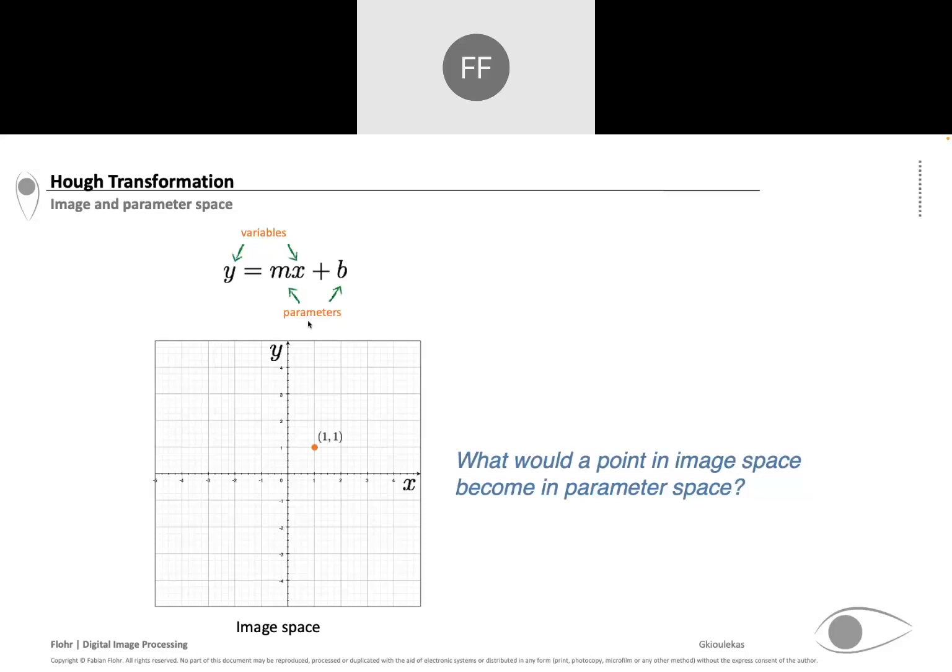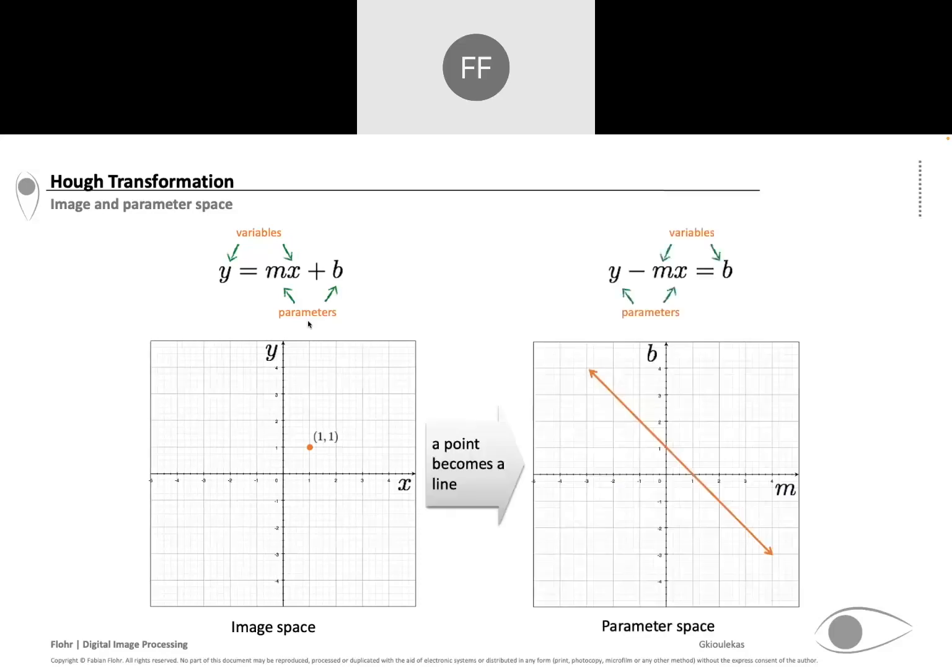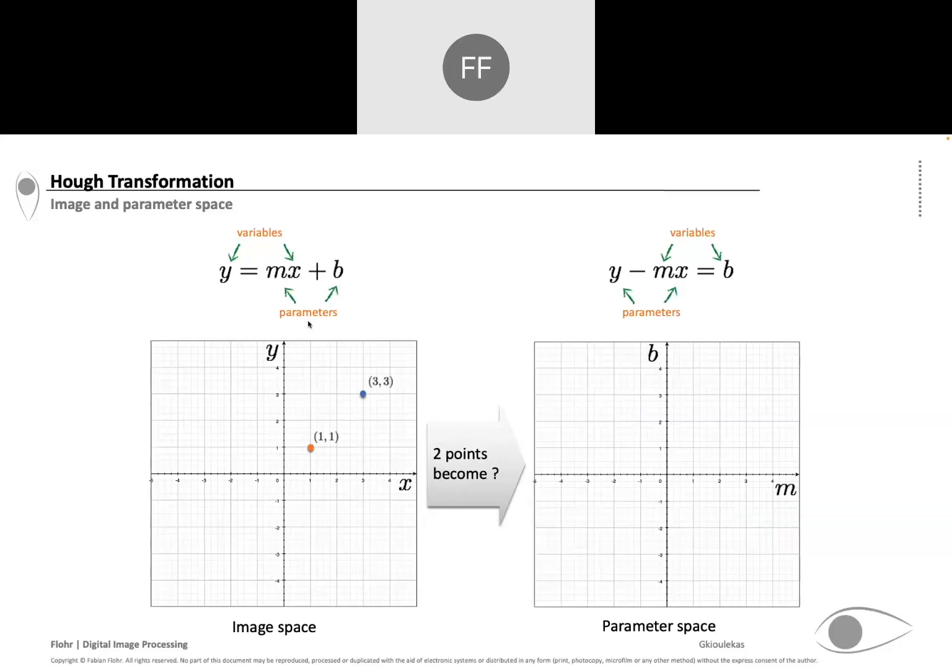What does it mean in the image space then? Exactly. This line in the parameter space describes all the lines passing this point in the image space, right? And this is interesting now. And this is the base foundation of the Hough transformation, right? And we will see in a few minutes why.